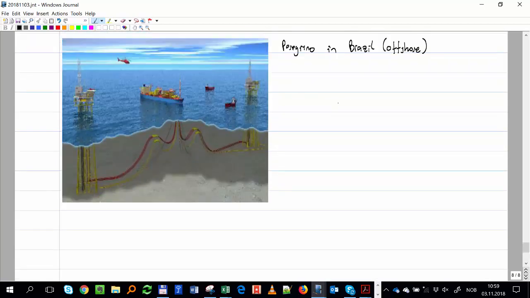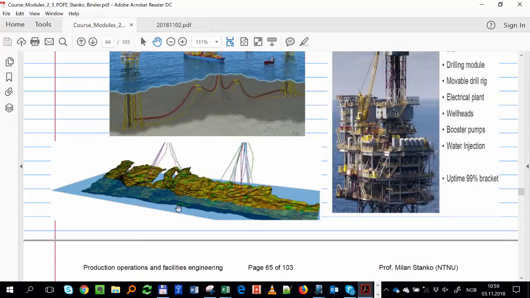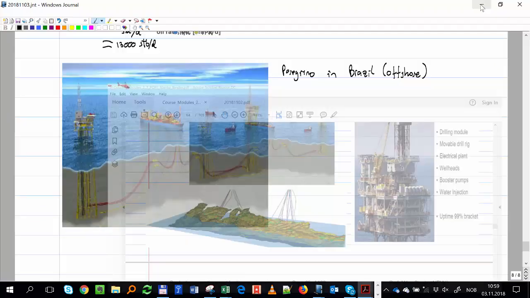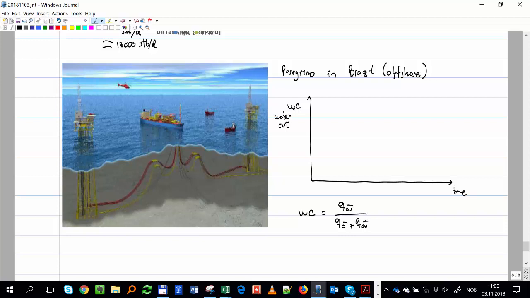So one thing we mentioned here, that this reservoir is producing. All of this that you see in blue is an aquifer. And you're injecting in the aquifer, and the aquifer is actually coming into the well. So if you see with time the profile, the water cut. How do we define the water cut? Water cut is the rate of water divided by the rate of oil plus the rate of water.